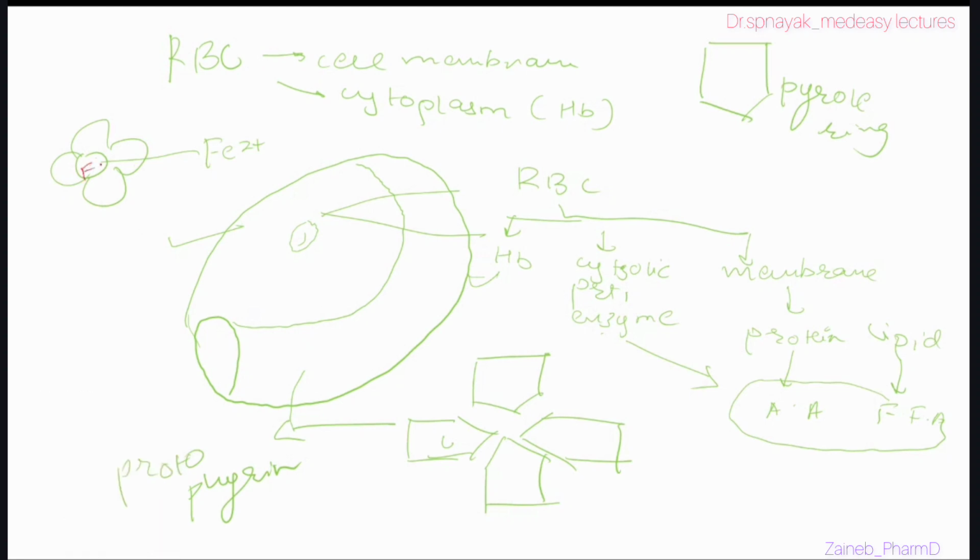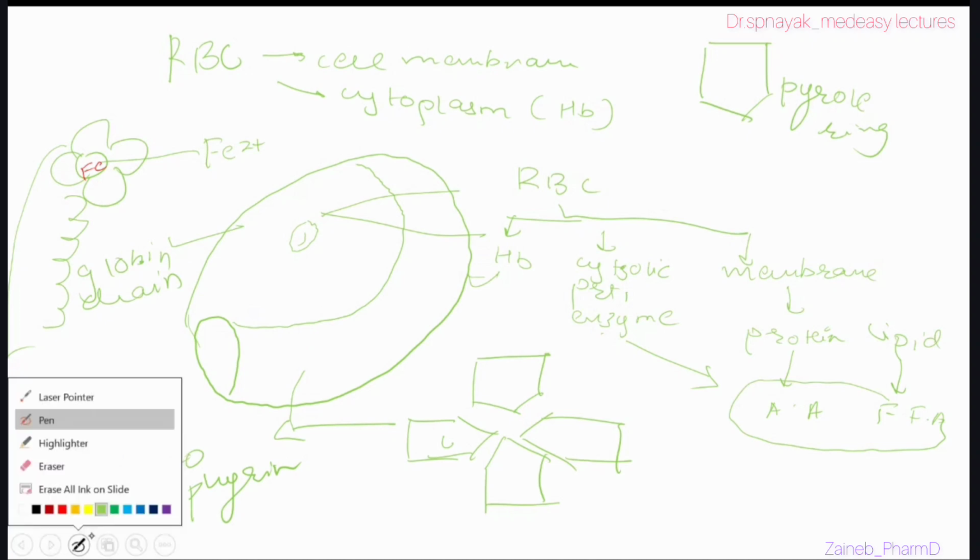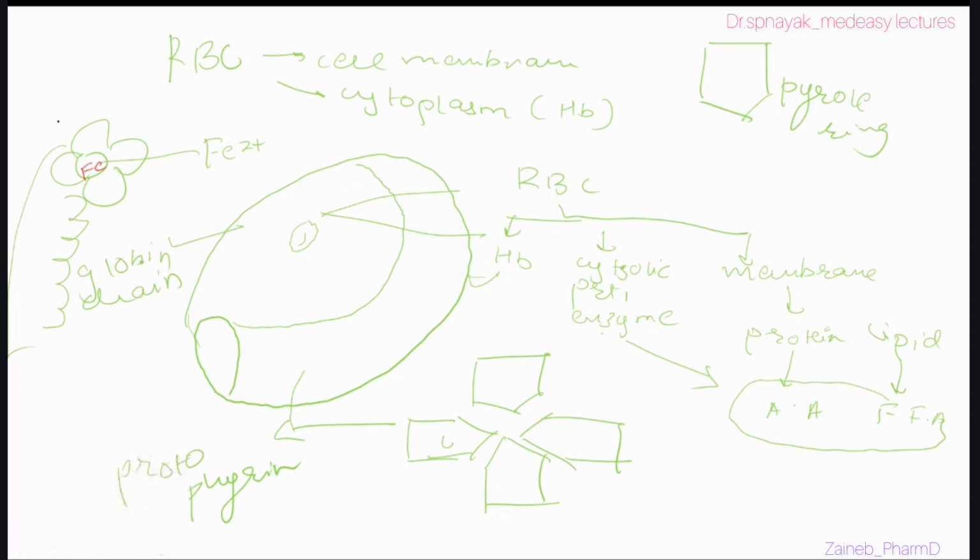And when we fuse this heme with a globin chain, it will become hemoglobin. Here, one heme is fused with one globin chain, so it is known as a hemoglobin monomer.